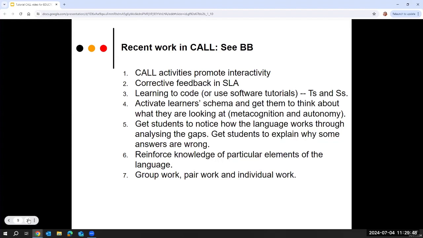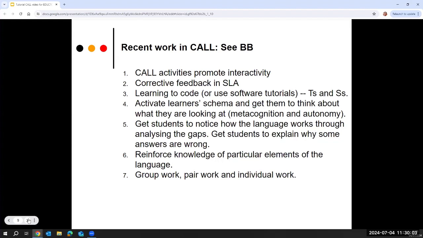Students, nowadays, if they wish, can learn to code if they're using a specific software. And this involves both teachers and students.